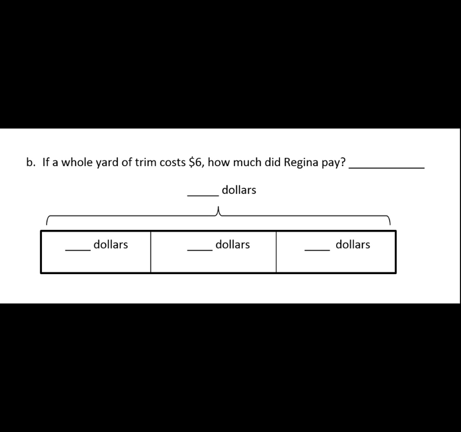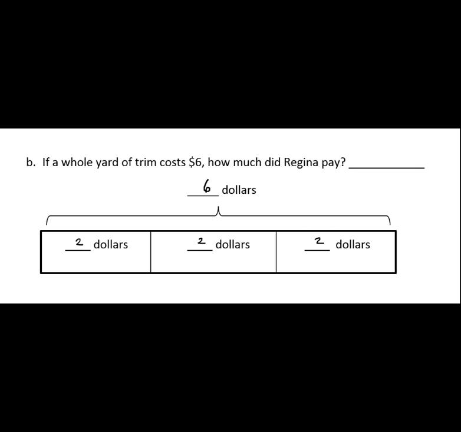In conjunction with this question, we're also asked if a whole yard of trim costs $6, how much did Regina pay? Again, my tape represents a whole yard, and that is $6. The tape has been divided into 3 sections. We can consider those feet again. If the whole tape is $6, then it must be $2 per foot.